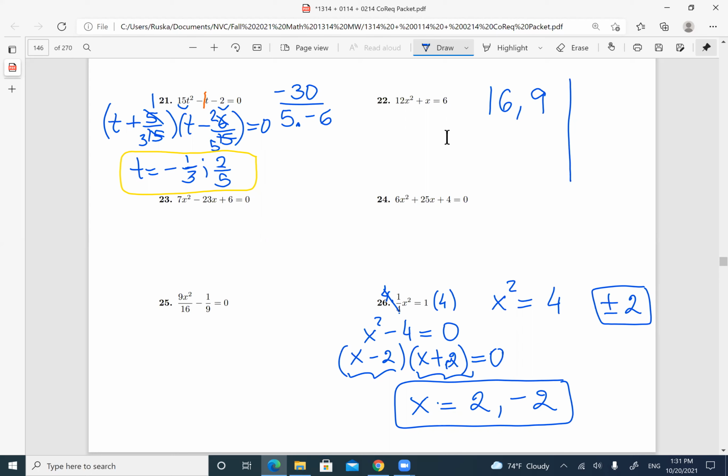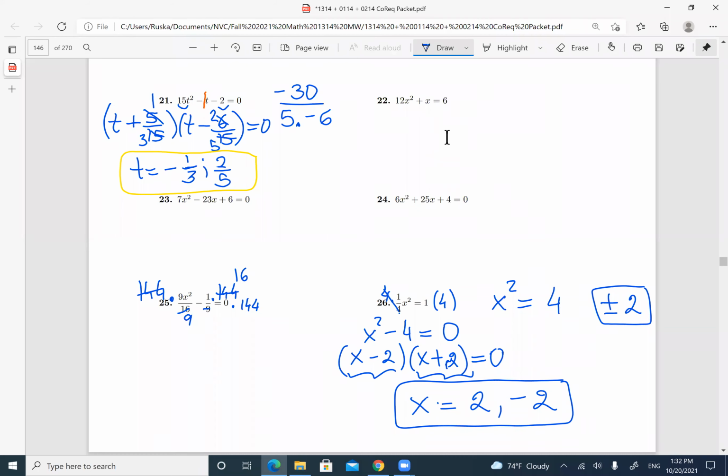So you're going to multiply 16 times 9, which is 144. So we're going to multiply both sides by 144, and this one by 144, and of course, technically the 0 by 144. Okay, so from here, we're going to cancel: 144 divided by 16 is 9, and 144 divided by 9 is going to be 16.